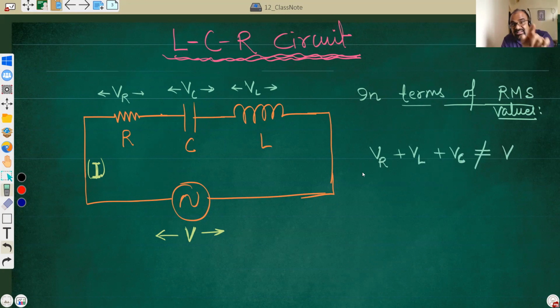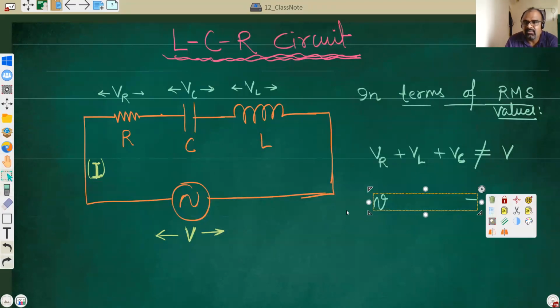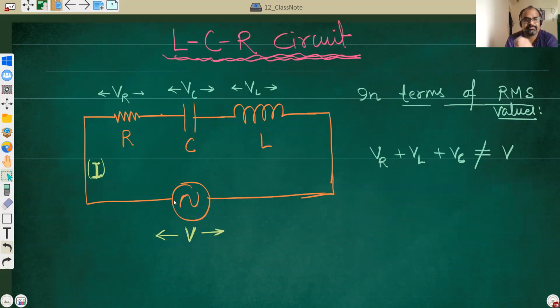However, if these were instantaneous values, that means if these were small letters, then this will be true. So small vR plus small vL plus small vC will be equal to small v, where small v is the source voltage. But we never talk in terms of instantaneous values. We only talk in terms of RMS values. So that is why we can't say that. Okay. Now what?